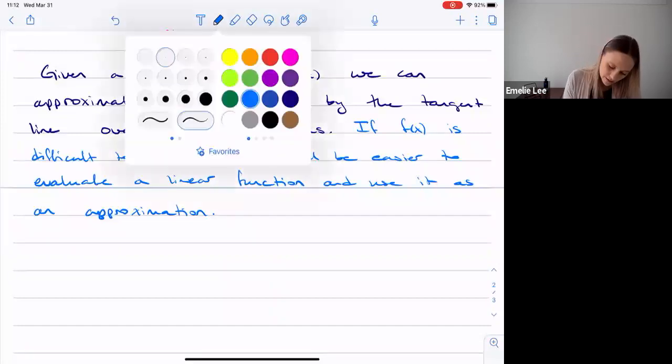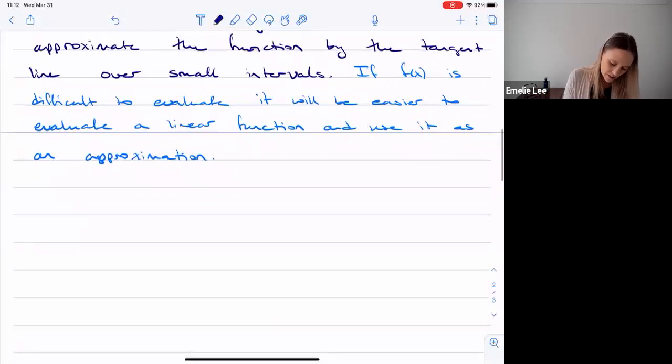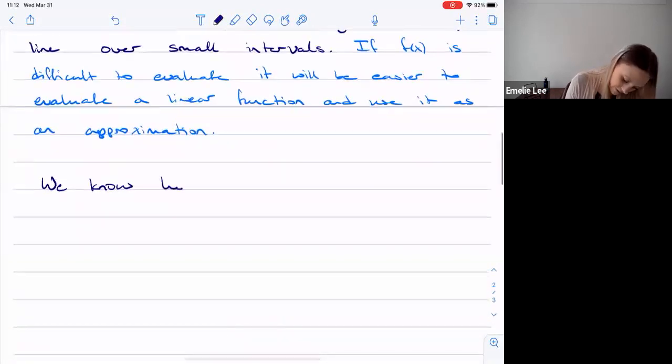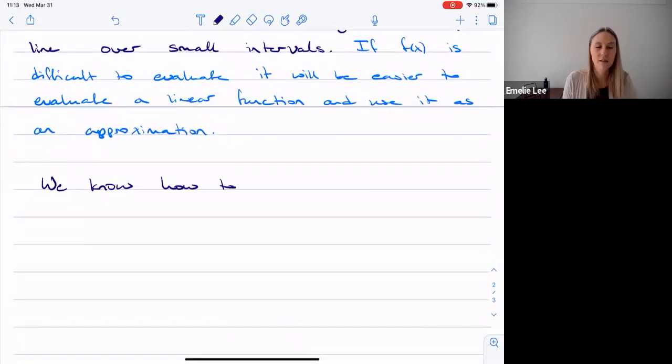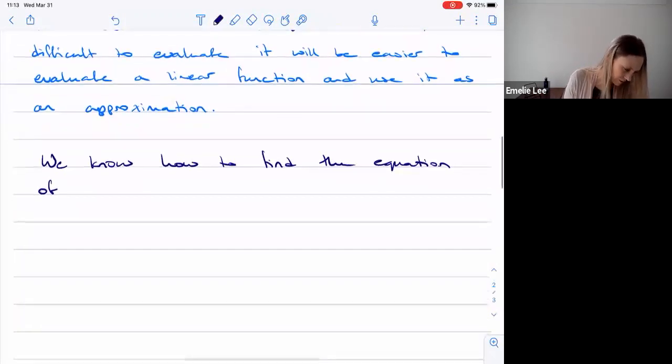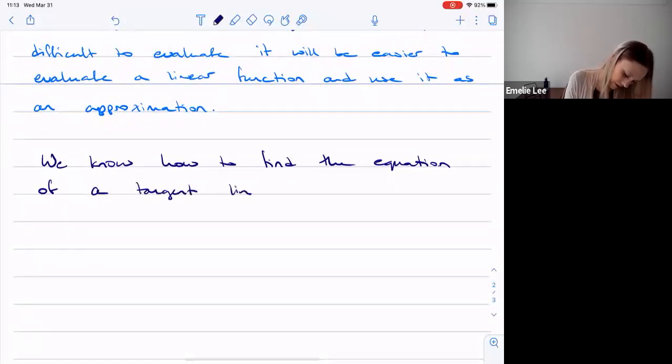Now, let's just review, because we know how to find the equation of the tangent line. I feel like it's all I'm getting you guys to do: find the equation of the tangent line. So, the equation of a tangent line in general.